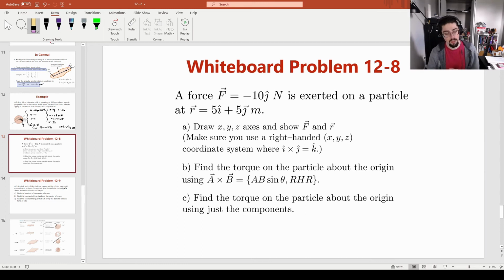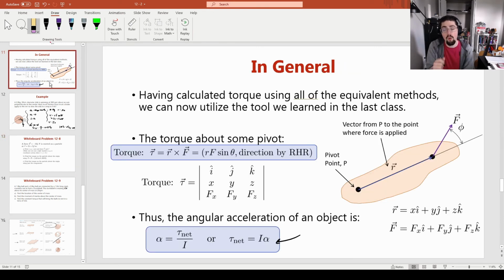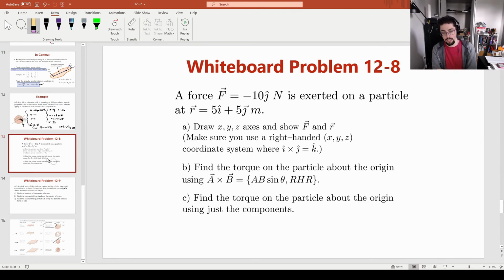Take the magnitudes, take the angle between the two. Once you draw it out, the angle should be pretty clear. Take those two, use right-hand rule to do that. Then use component method. Prove that they are equivalent. Prove that either way you take this, whether you're taking the AB sine of theta or whether you're actually doing the matrix, gives you the same result.